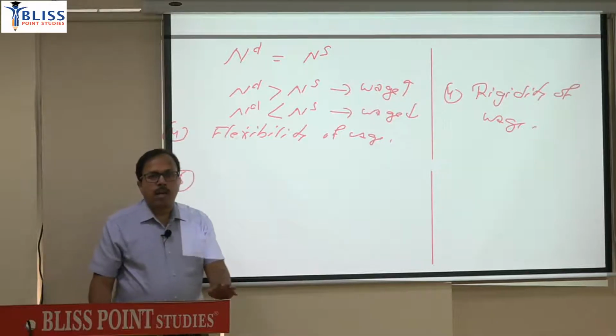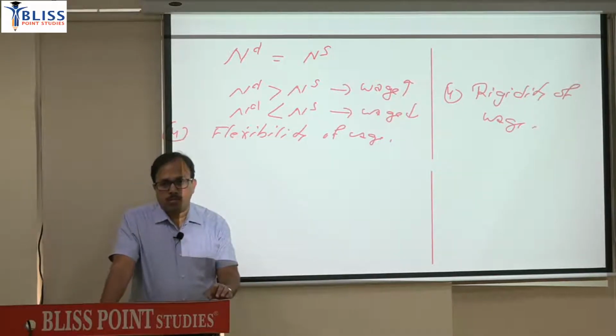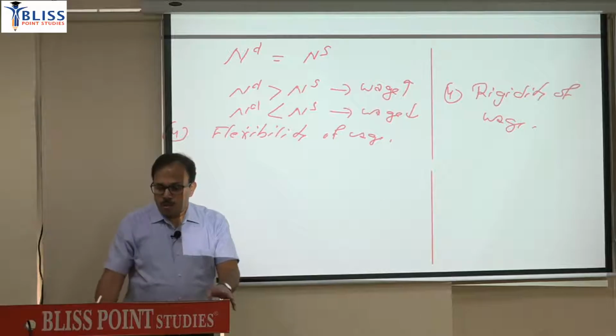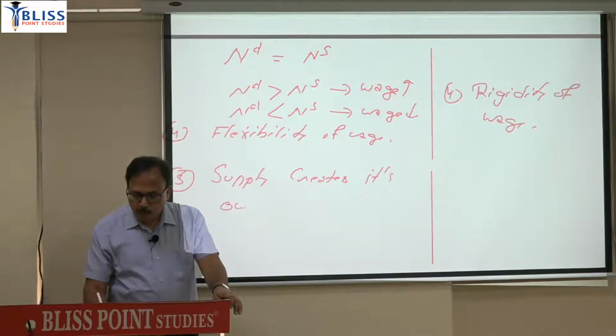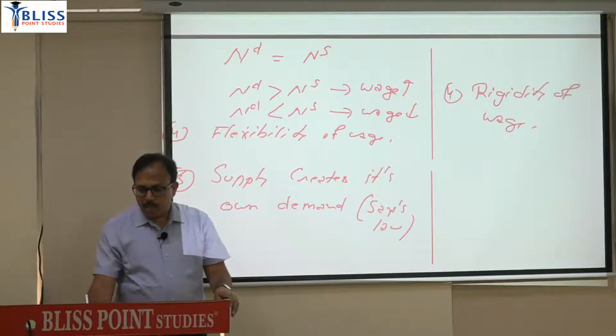Classicals believe that supply creates its own demand, popularly known as Say's law. The entire classical concept is based on supply creating its own demand.